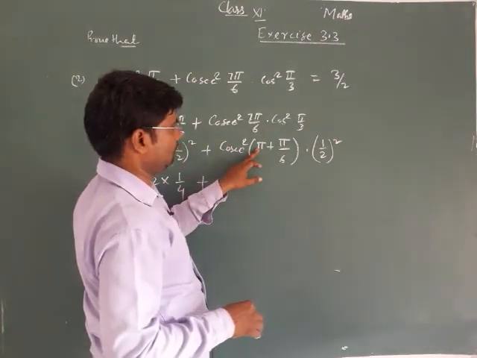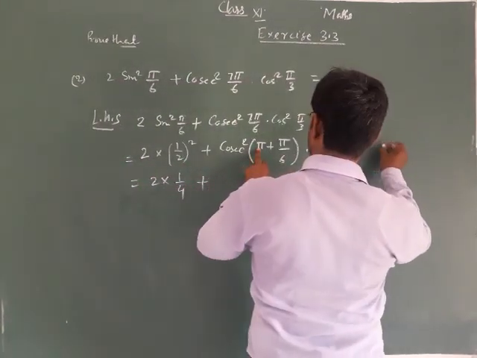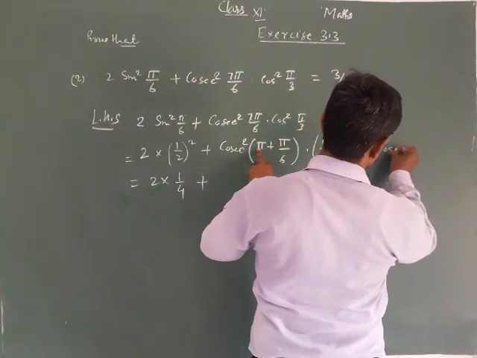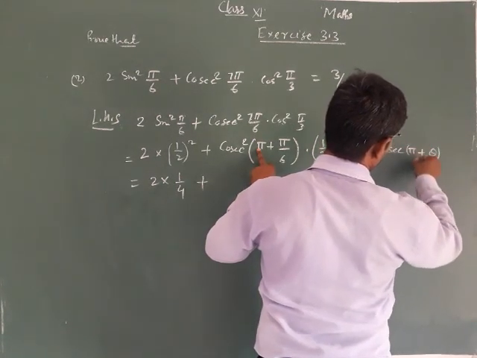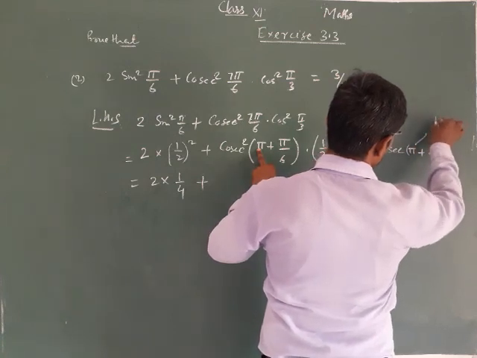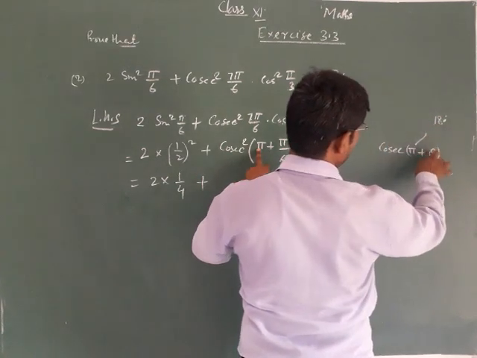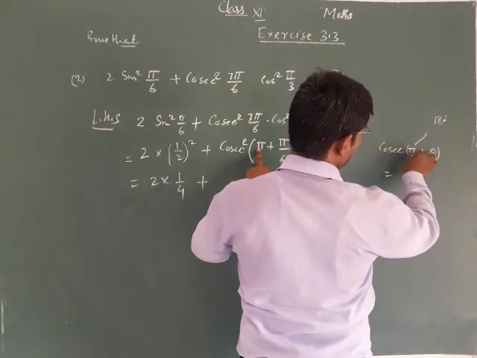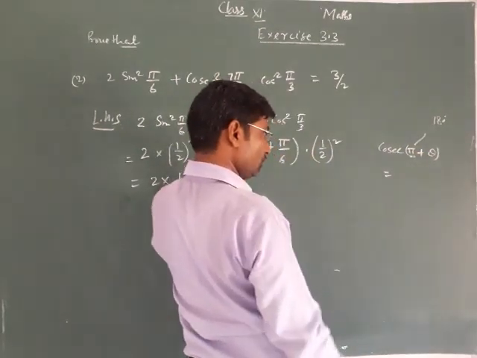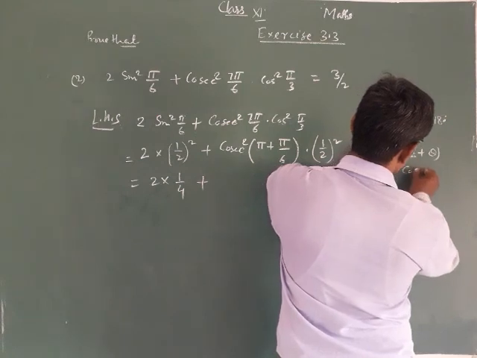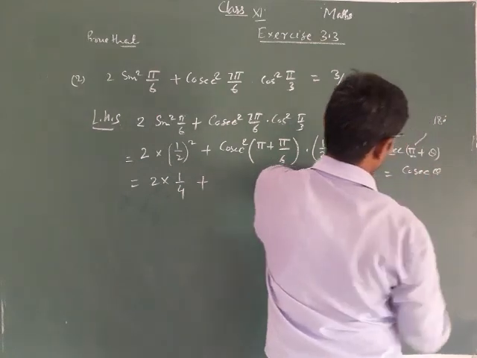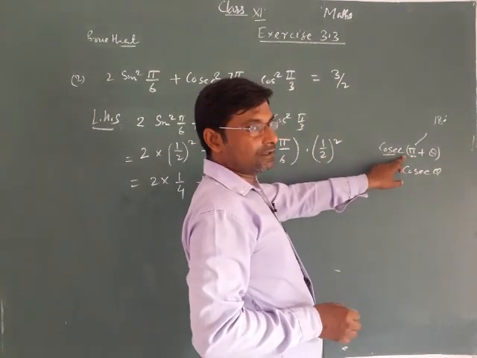cosec. Now, according to the formula, cosec of pi plus theta. Pi means 180 degrees, so 180 plus theta. Since it is pi, there is no change in the ratio, so this is cosec theta.